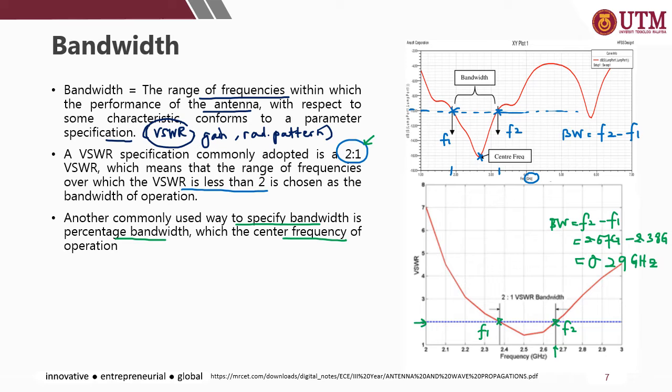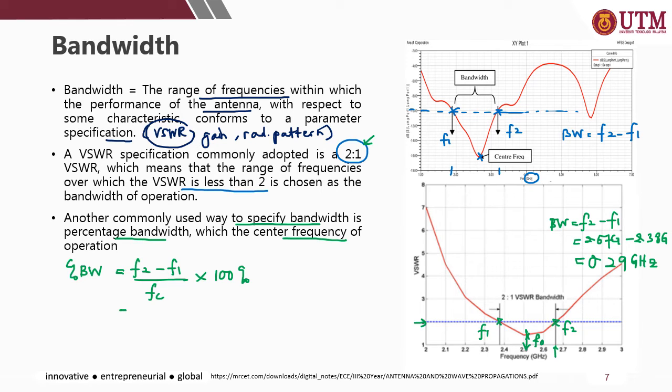So let's look at the example of this VSWR graph. The center frequency, we assume it is here. You can say F0 or FC. So in this case, the percentage of bandwidth is equal to F2 minus F1 divided by the center frequency times 100%.